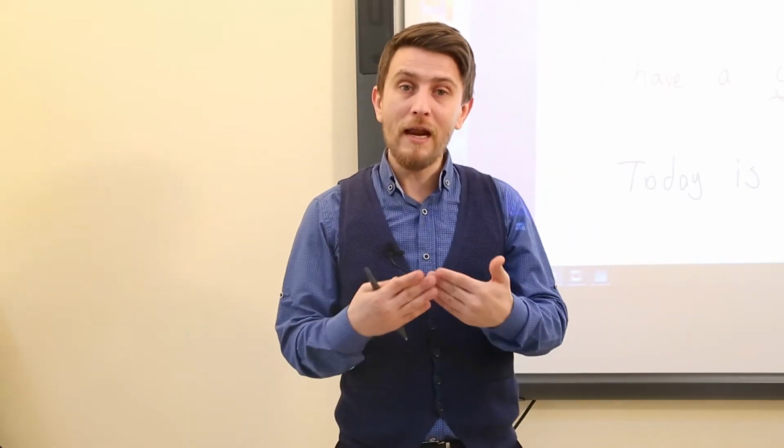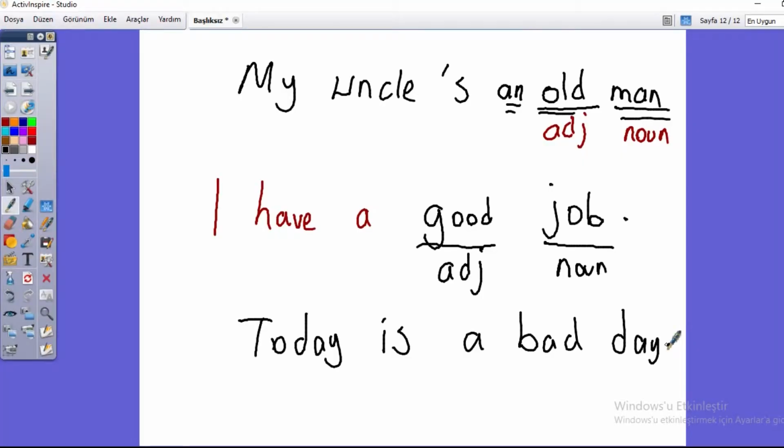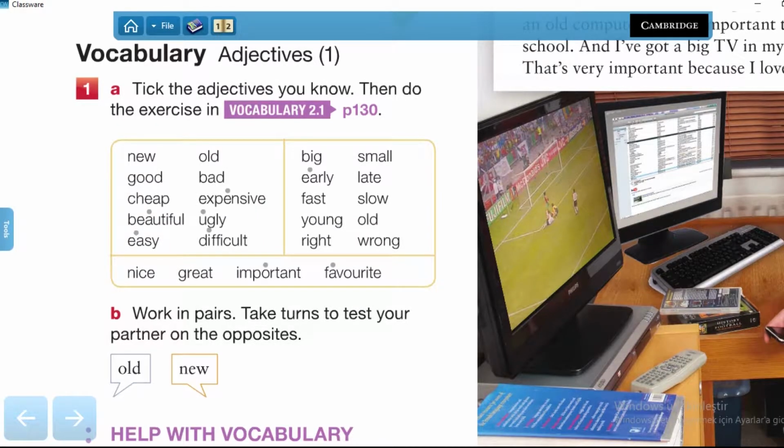Let's have a look at the next examples. Cheap and expensive. Cheap is about the price, about the amount of money. If something is cheap, it's less money. Expensive, a lot of money.